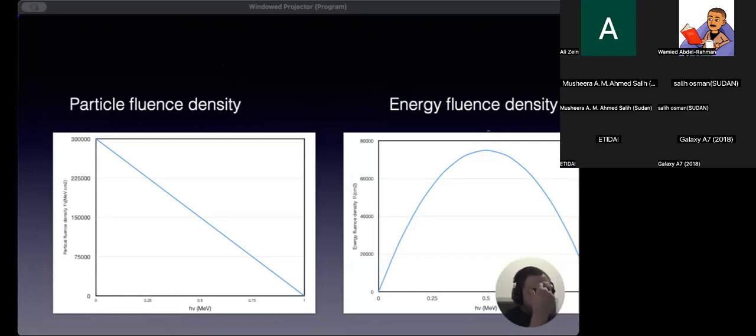This will come later on, especially when we're dealing with doses. So the dose equation is given by this energy fluence multiplied by the mass energy absorption coefficient, mu absorption over rho. Now when we have a beam of different energies, the photons have different energies.